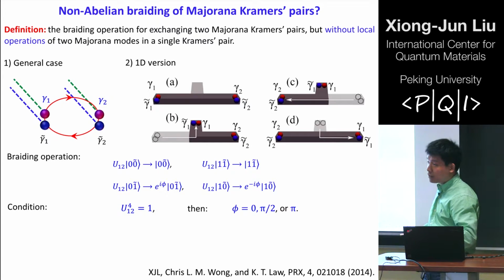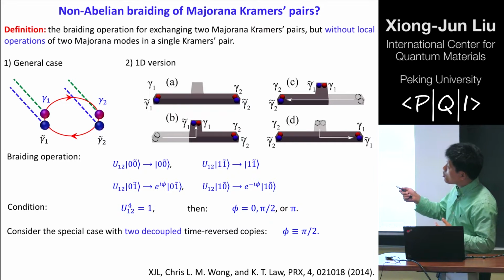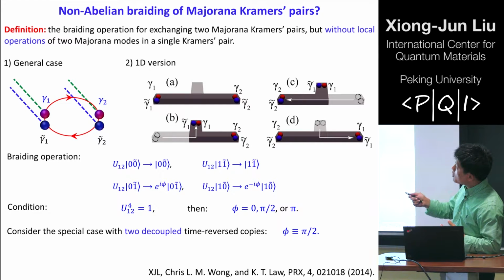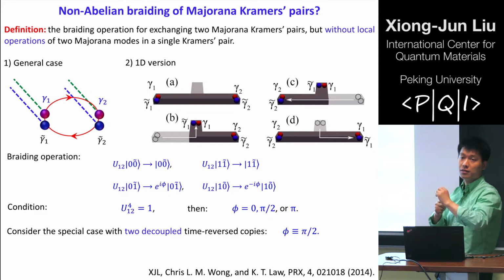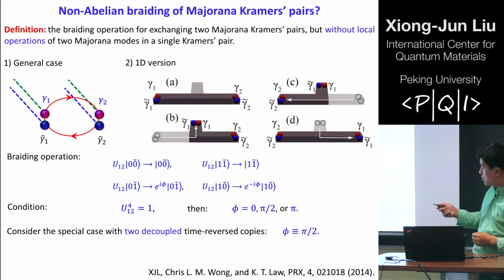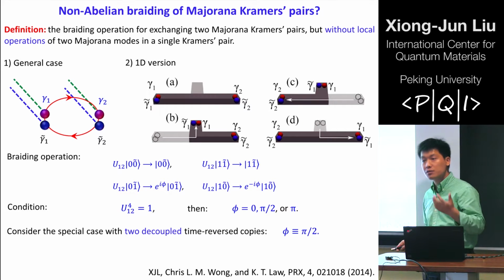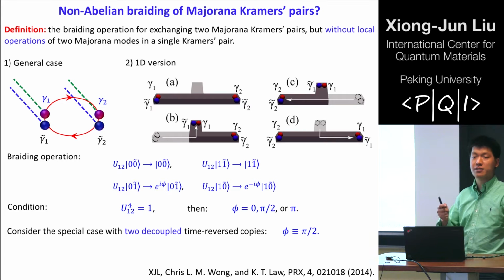Okay. Then furthermore, we can consider a special case. Suppose that this time-reversal invariant superconductor is combined by 2 decoupled copies. Then in that case, you can simply know that this phase is pi half. And then the general case can be continuously deformed from the special case.